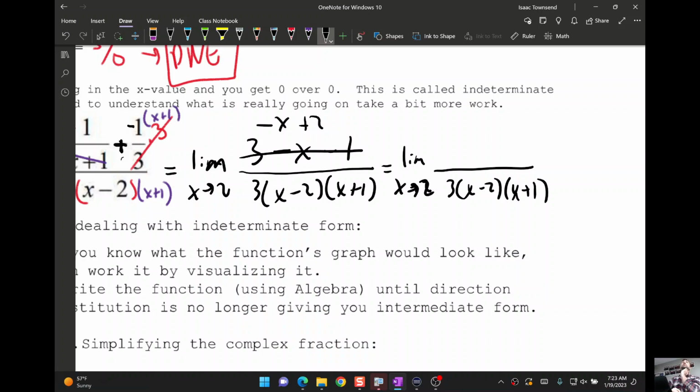Right, so one of them is being multiplied by a negative. Negative x positive 2, positive x negative 2, the exact opposite signs. So even though you may not think both of these have a negative, you can actually factor out a negative as a GCF anyway, undistributed negative. Then something cancels, then direct substitution will work.